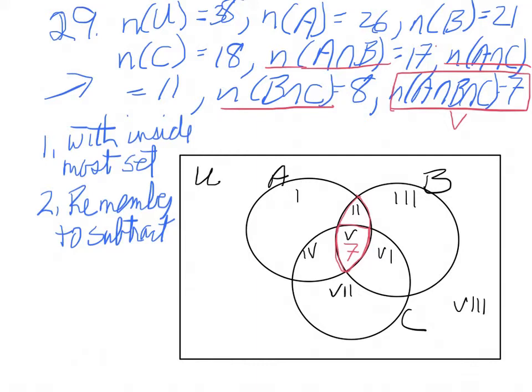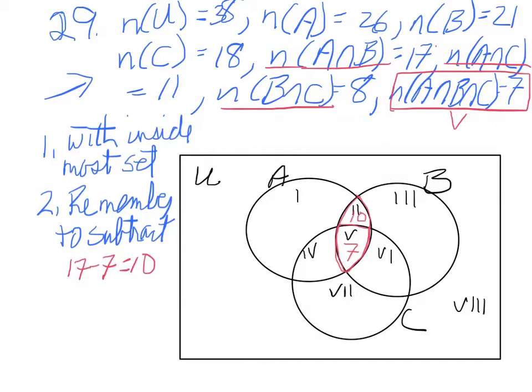So what do I need? I need 10 more in that set. And now A intersect B has 17. And notice I did 17 minus 7 to get the 10. And that's why I say you have to remember to subtract as you work out.